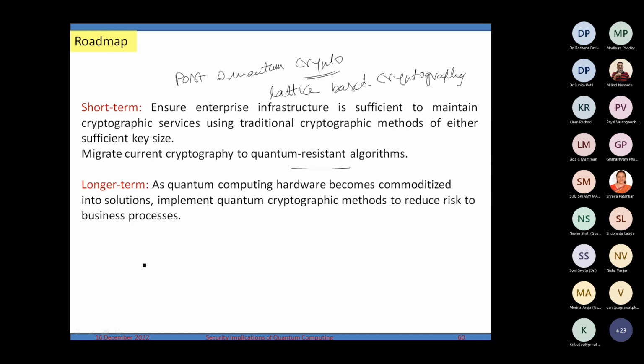But the point is that in the longer term, when we have quantum hardware that is getting into maturity, we need to look for altogether different protocols, and there are already steps happening. NIST has constituted several challenges given to people to come out with post quantum cryptography, that means to be able to withstand quantum attacks.